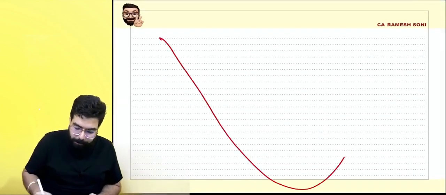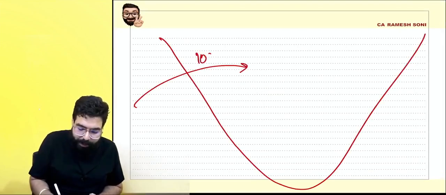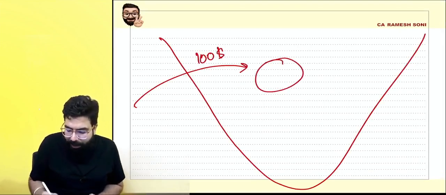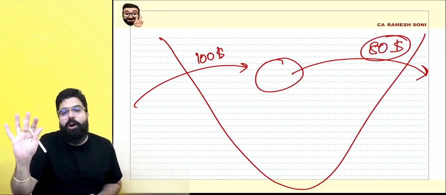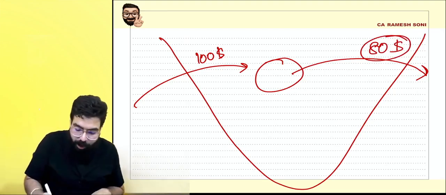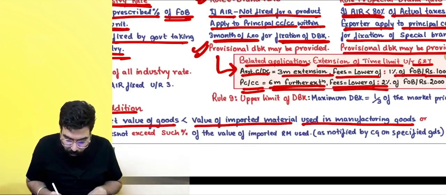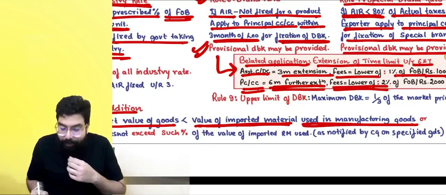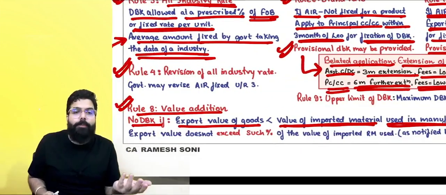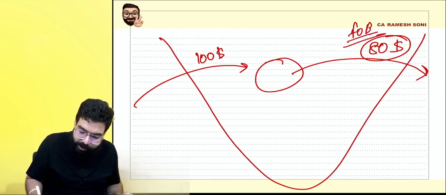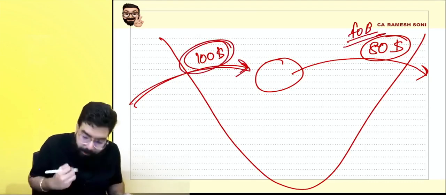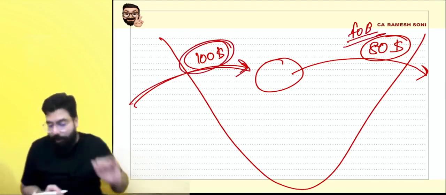Say you imported the goods, you have spent $100. When you made the final product, you exported it only for $80. Always remember, you will not get any duty drawback, because the export value of the goods is less, means the FOB over here, for example, is only $80, but for imported material you have spent $100, then no duty drawback.